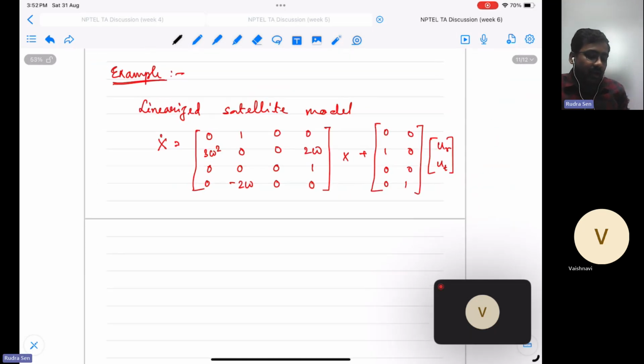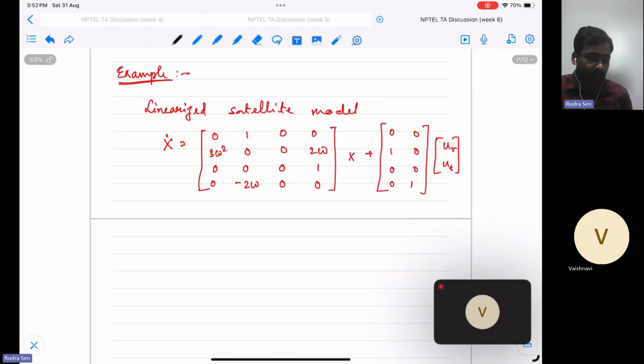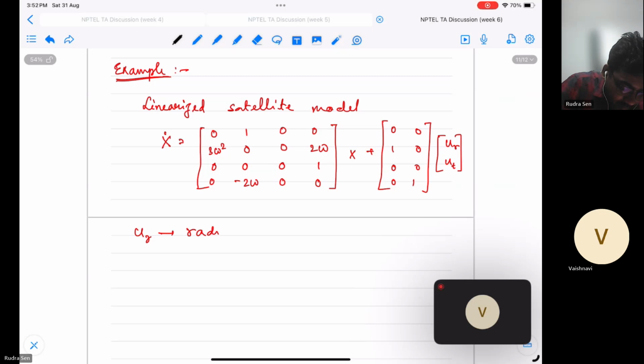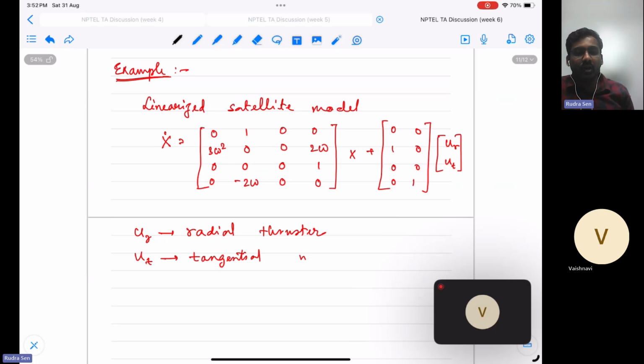The actual satellite model is nonlinear, so here is a linearized satellite model where u_r is the radial thruster and u_t is the tangential thruster. These two are the inputs to the system.